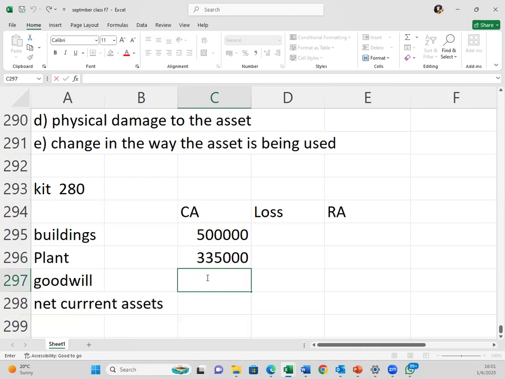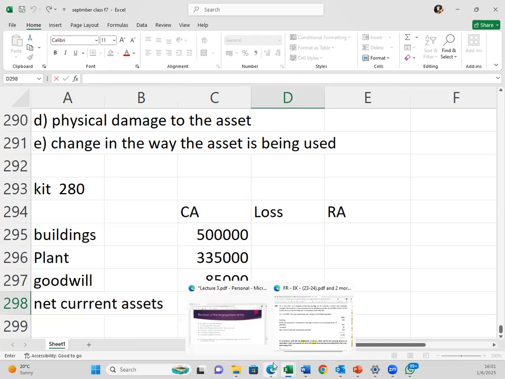Then goodwill is 85,000. The net current assets is 250,000. Okay, so the note on plant, let's go to that note.